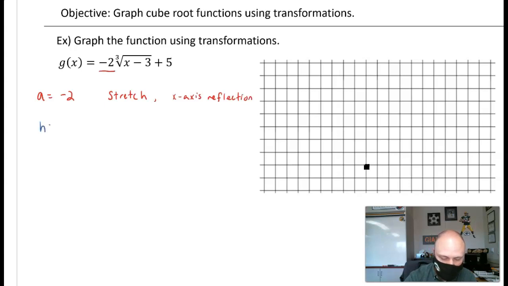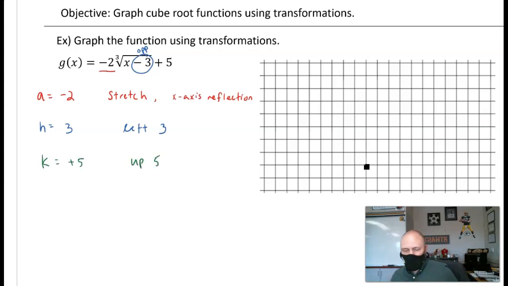H, remember it's opposite. So +3, that's going to take us left 3. And our k value, +5. We're going up 5. So I'm going to the left and then up.